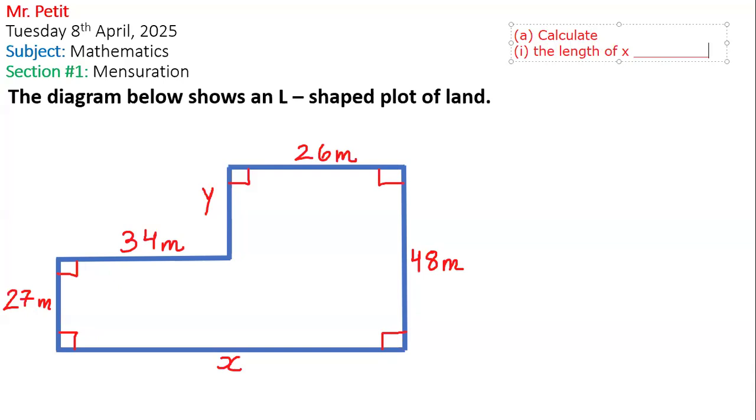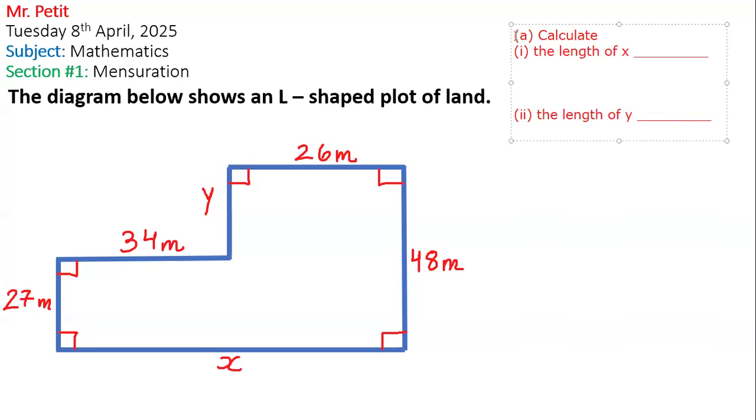Okay. And then after that, I would imagine that we would want to calculate the length of Y. Okay, so put that down.